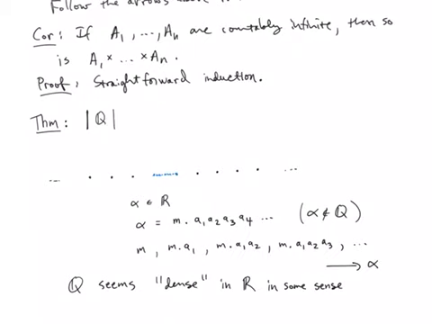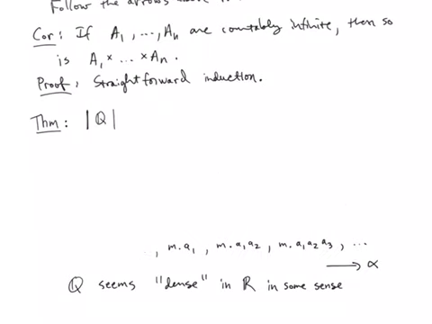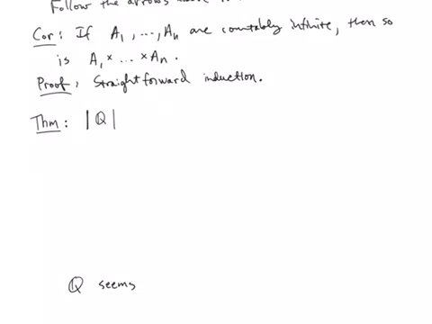So it might seem like this is a very big infinity, and that you would naturally conjecture that it might be larger than the infinity of the natural numbers, but actually that is not the case. It turns out that Q is countably infinite, so its cardinality is equal to the cardinality of the natural numbers, i.e. Q is countably infinite.